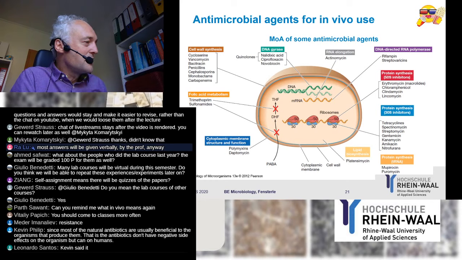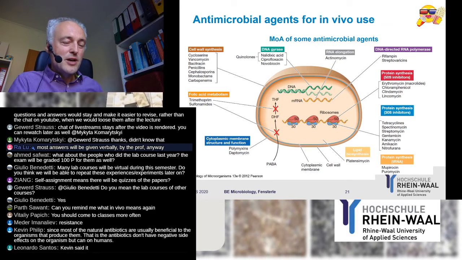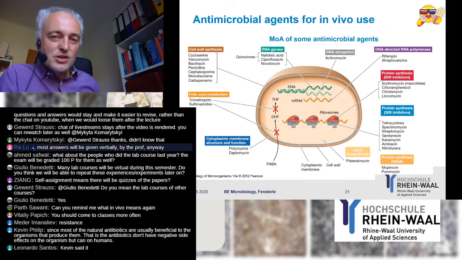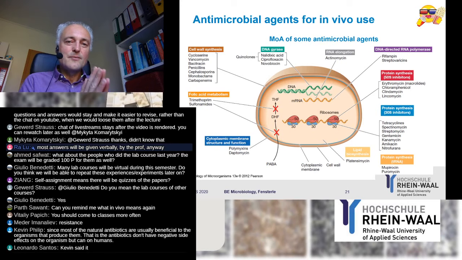Most natural antibiotics are usually beneficial to the organism that produces them. No. So a definition of an antibiotic, of course, is that you harm other organisms. So as a microorganism, you produce an antibiotic usually as soon as, for example, you're in a certain habitat and the nutrients are gone. And then usually you have the problem that next to you other bacteria are sitting and they're consuming your nutrients.